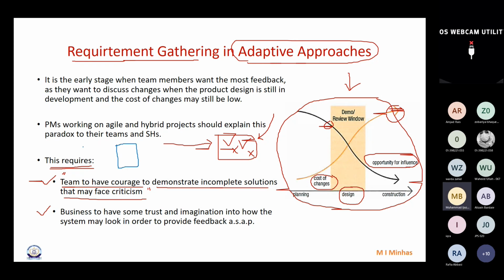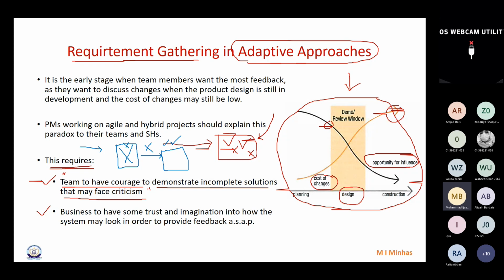Here, team members would face criticism that this is very incomplete. So, in the next session, if they try to bring something complete without knowing the exact requirements, they have wasted this time. This is what we don't want.